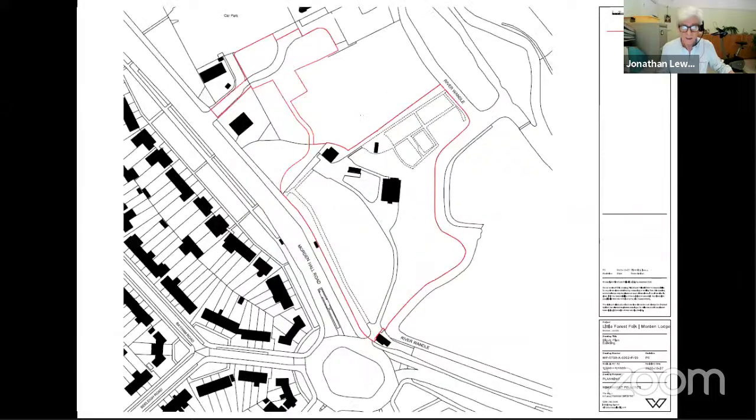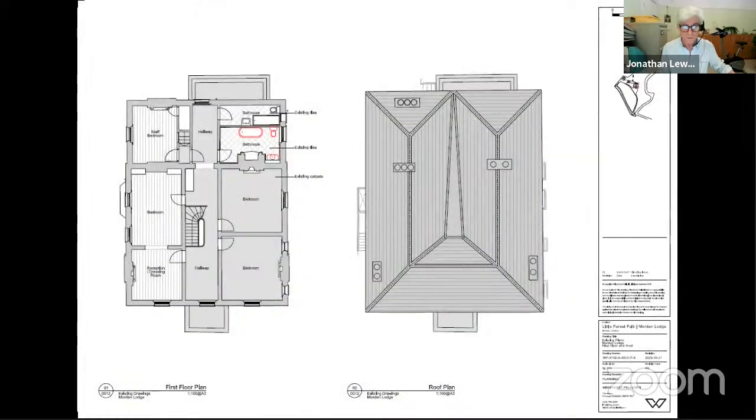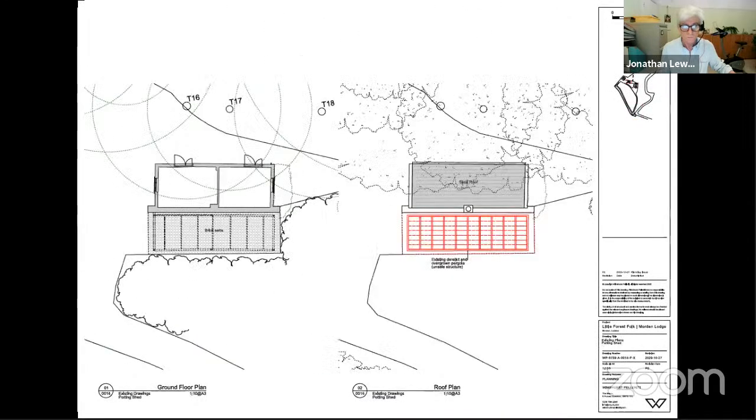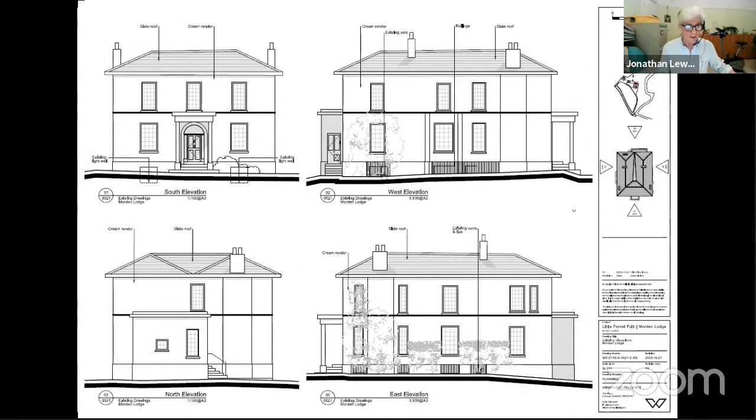If I can just take you to some of the better images of the site, we've got a rather fine listed building on the site, a very large property that's been tenanted as a single dwelling for around 30 years. You'll see from the report that the National Trust have marketed the building.